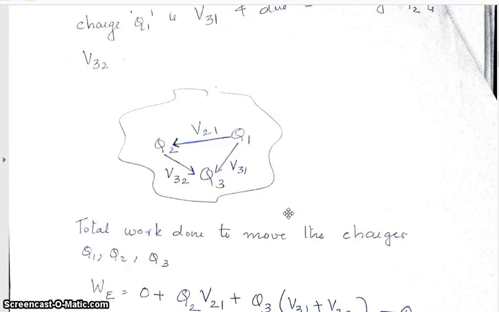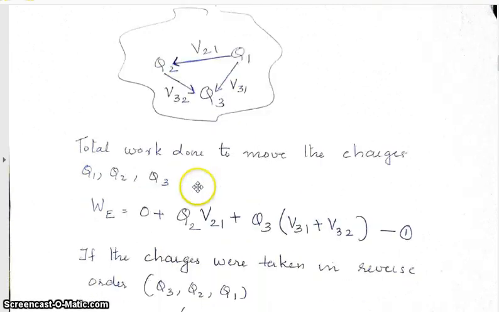Now this is the overall figure. Potential difference on Q2 due to Q1 is marked as V21, on Q3 due to Q1 is V31, and on Q3 due to Q2 is V32.